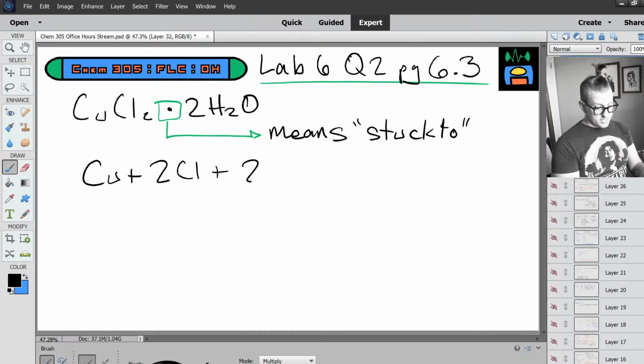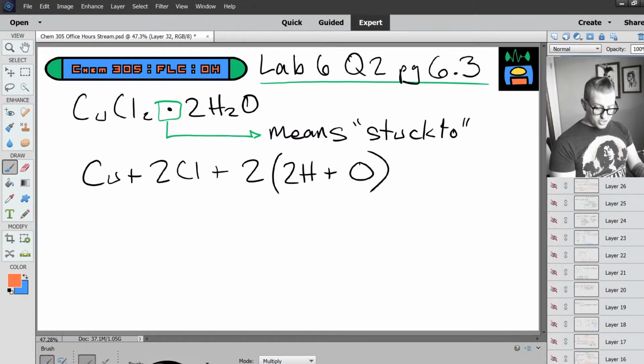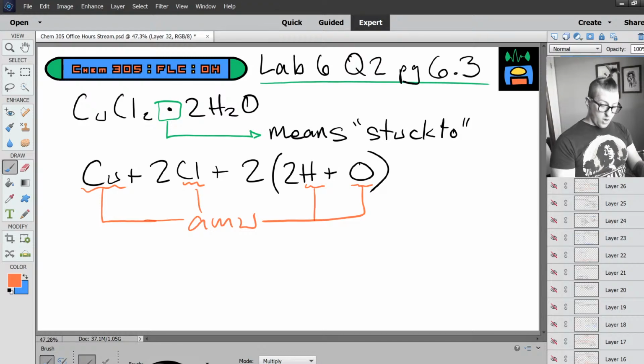times 2 hydrogens plus oxygen, where you're punching in the AMU for all of these.